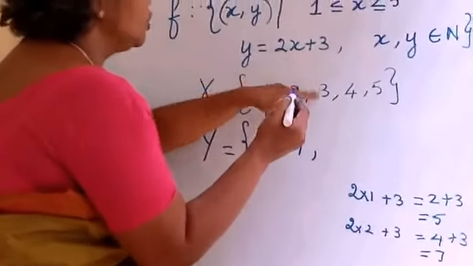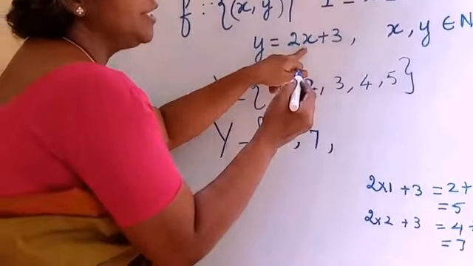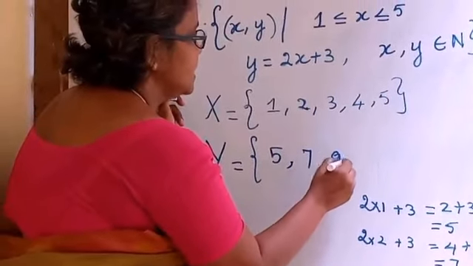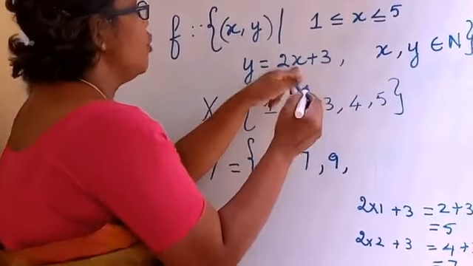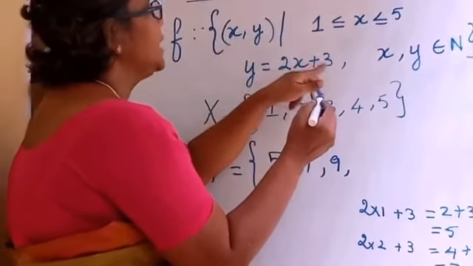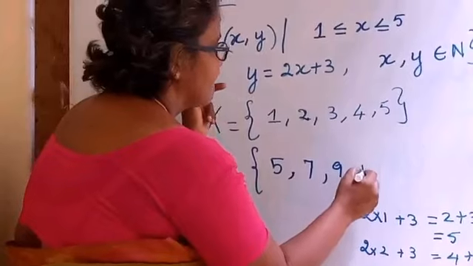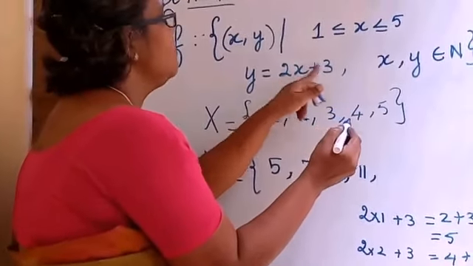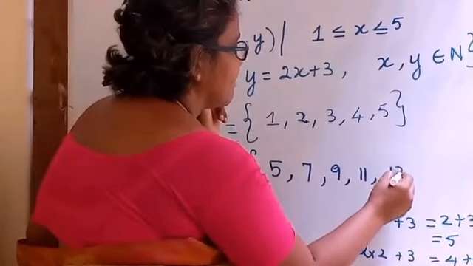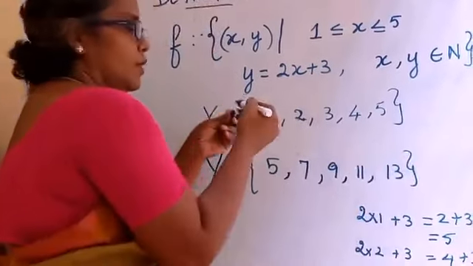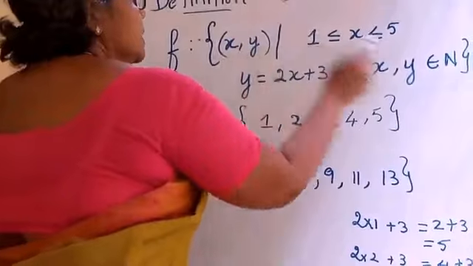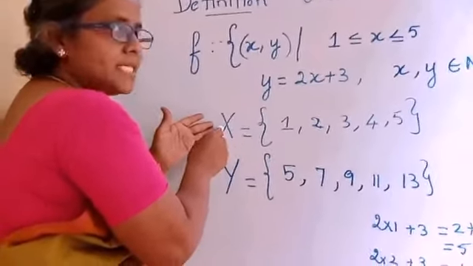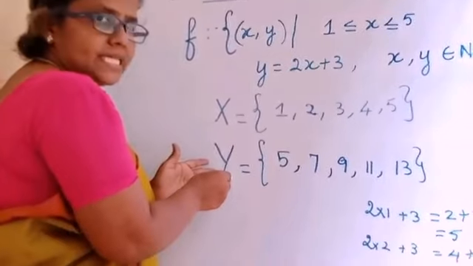Likewise, substitute 3 here, you'll get 2 into 3, 6. 6 plus 3, 9. 9 is the next image. 4 into 2, 8. 8 plus 3, 11. Next, 5 into 2, 10. 10 plus 3, 13. That's it. With this, I have framed the domain set as well as the codomain set.